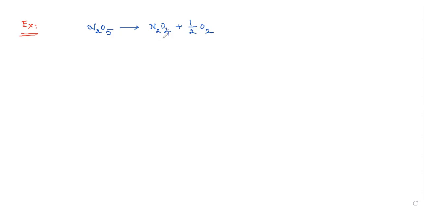This, of course, can be written as, I mean, N2O4 can even be written as 2NO2. No problem. But remember, even if you write the 2, 3, 10, whatever you write, this will, of course, be a first order reaction.